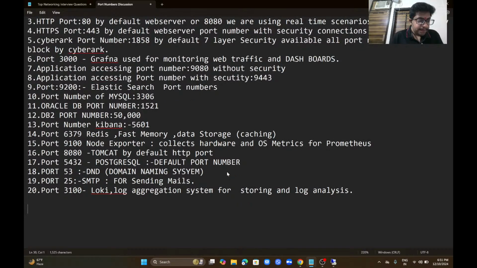Kibana. Okay, 21. These are the most important port numbers.